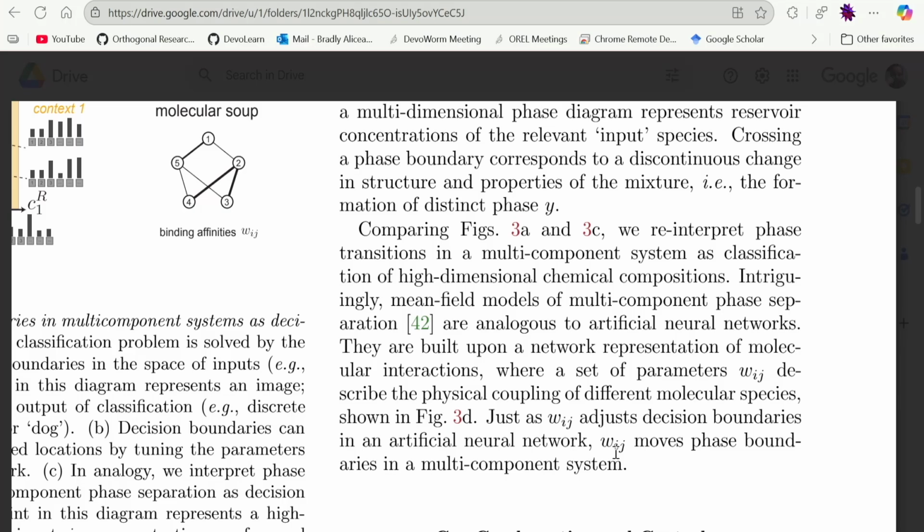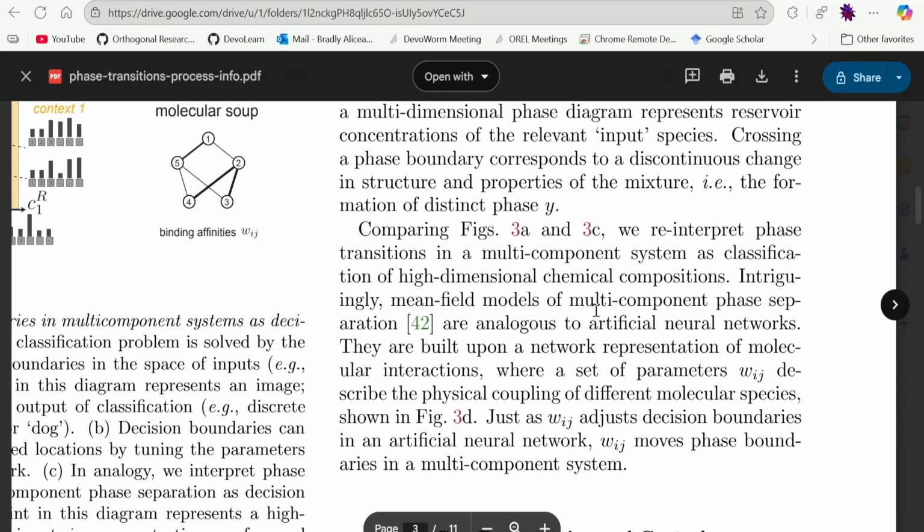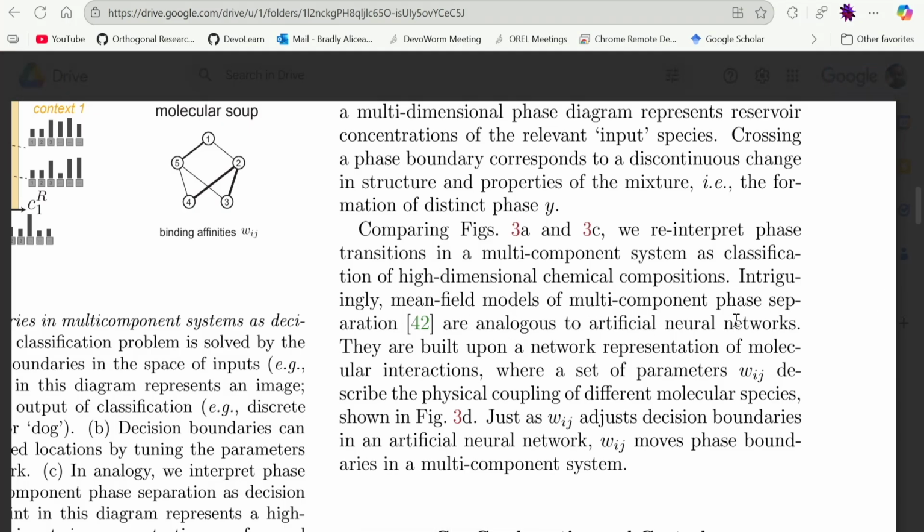And so comparing figures 3a and 3c, we reinterpret phase transitions in a multi-component system as classification of high-dimensional chemical compositions. Intriguingly, mean field models of multi-component phase separation are analogous to artificial neural networks.